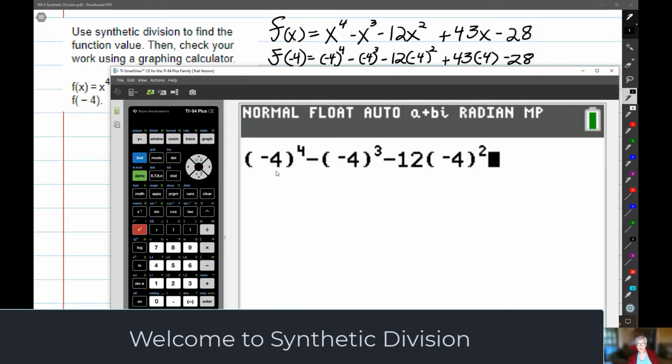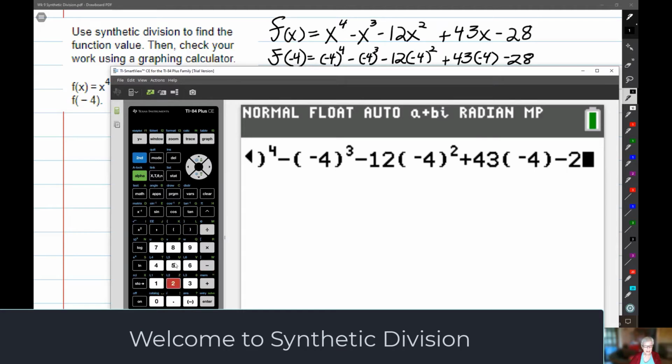Now let me make sure this is right so far. So -4 to the 4th, minus -4 to the 3rd, minus 12 times -4 squared. Okay, good. So plus 43 times -4, parentheses, -4, parentheses closed, minus 28.